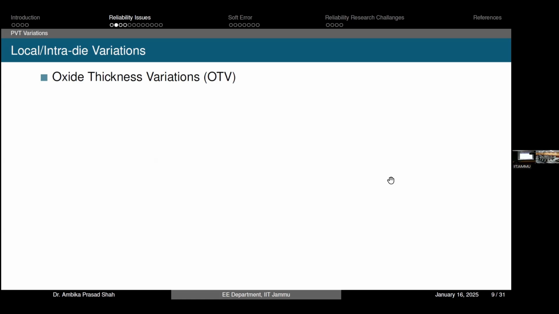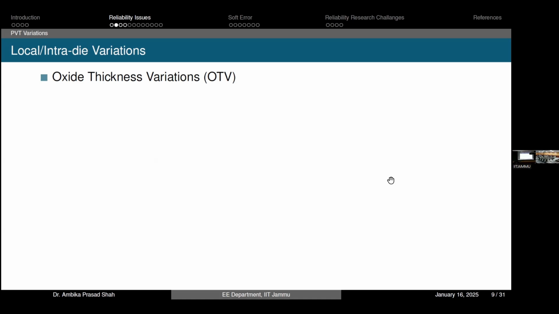I have already discussed at the beginning that with each new technology generation, the oxide thickness keeps reducing by approximately 30%. This is what we saw in the first slide. Now, what is the impact of this reduction? Let us assume initially I had some oxide thickness, and in the next technology the thickness has been reduced.